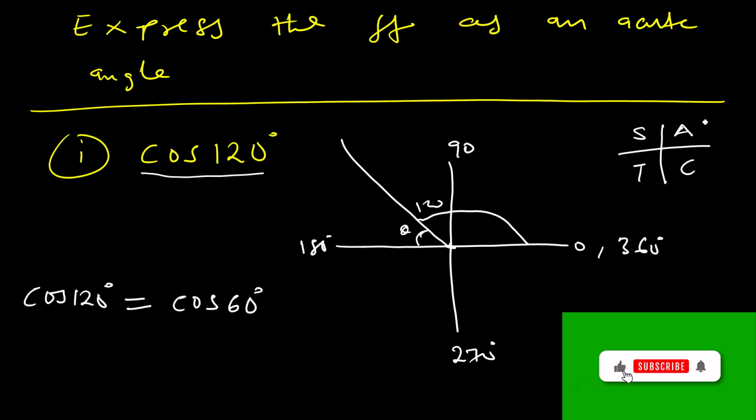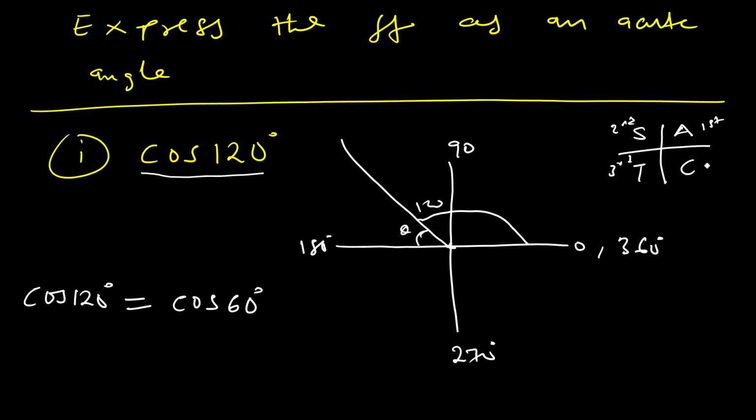This side is the first quadrant, second, third, then fourth. This side is for only sine. Only sine is positive in this quadrant, and therefore we will negate our answer. So cos 120 degrees is the same as negative cos 60. That's that. Now you can verify this on the calculator.